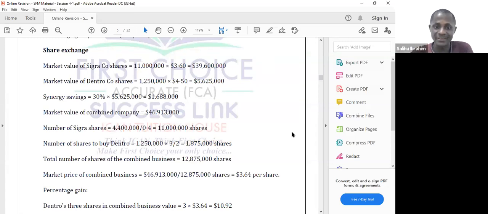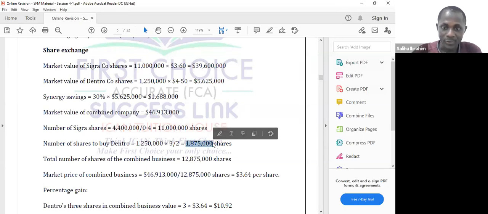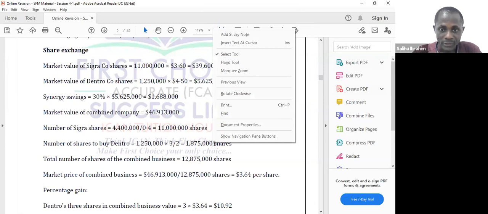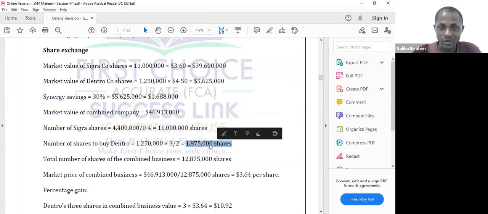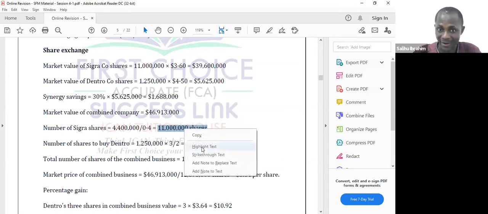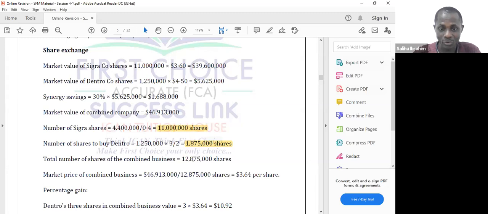That is 12,875,000. So it is the addition of the number of shares we are offering to them and the number of shares of the acquirer, that is giving us what we call the post-acquisition number of shares of 12,875,000. I believe that is very, very clear.